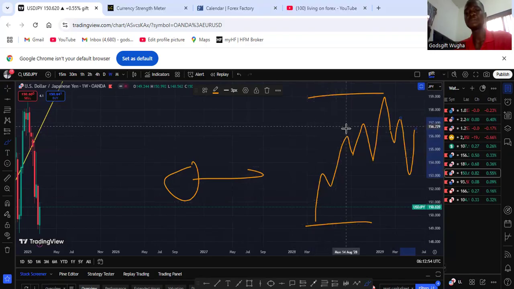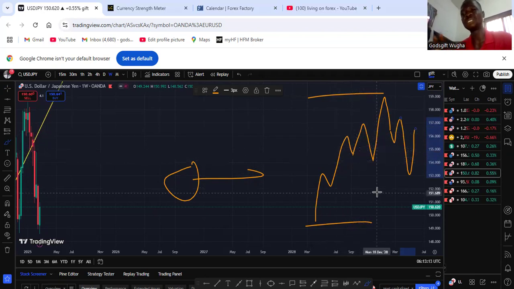Each time he makes another run after he rests, he makes a new high. But at this point, this effort here is not bigger than this. This one is bigger than this. And you see the level of rest here is bigger than this level of rest. That should tell you that the man is losing steam. He doesn't have any energy.